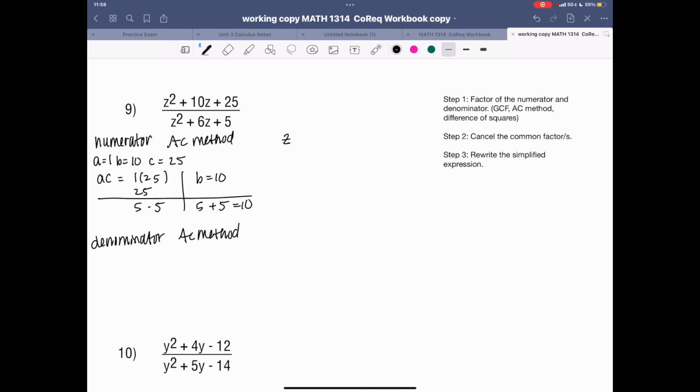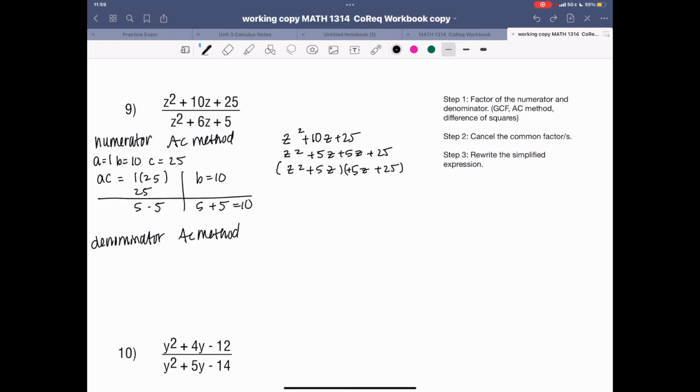So then we're going to factor the numerator. I have z squared plus 5z plus 5z plus 25. And then I group z squared plus 5z, and the second group is plus 5z plus 25. Then we want to take out the GCF from the first group.